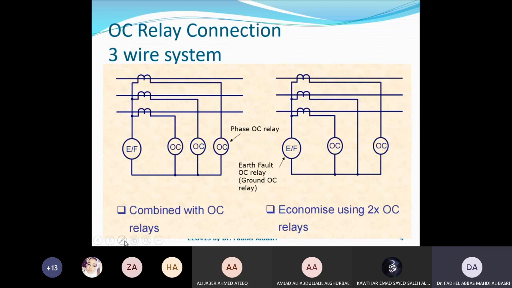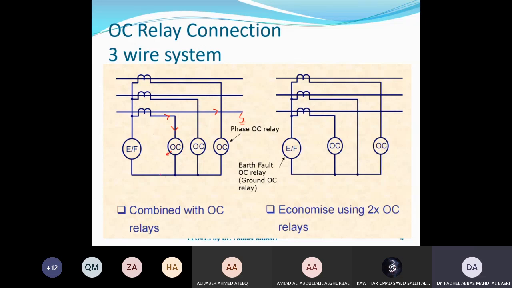So suppose I have a phase to ground fault. In this phase I have a fault, but there is no fault here. So I will have a very large current flowing here, but normal currents here. So this relay will detect it as high current passing and will trip the circuit breaker.